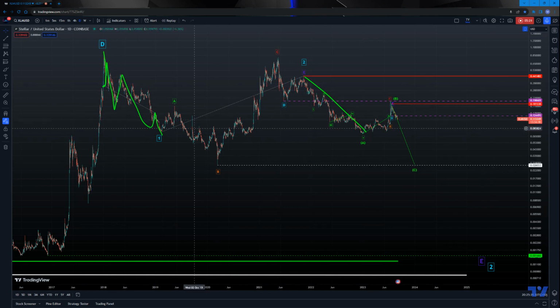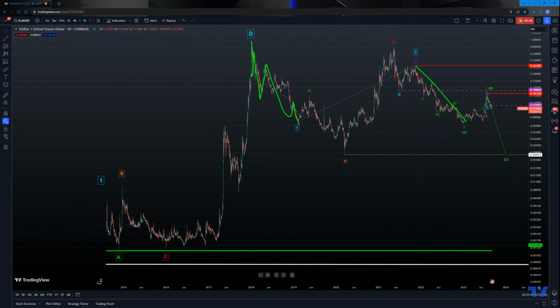Wave 2 was pretty drawn out, so wave 4 will more than likely be short and sharp compared to, you know, wave 2. So I think from here, the best thing to do is to just take this step by step, like one step at a time, and just look for that target first before we talk about anything else.